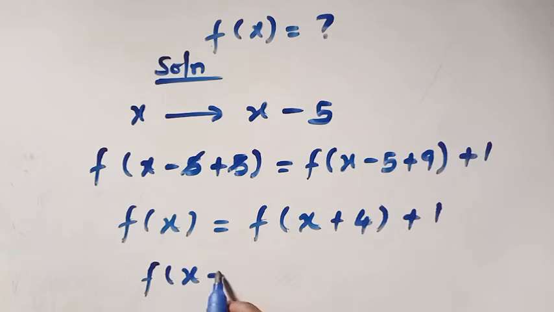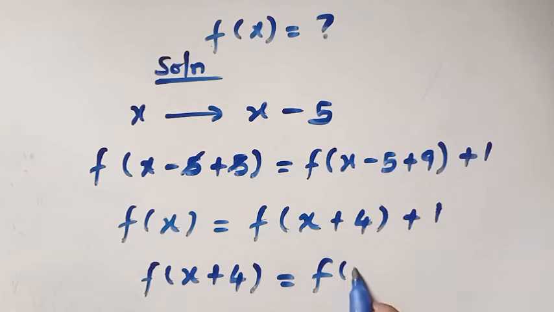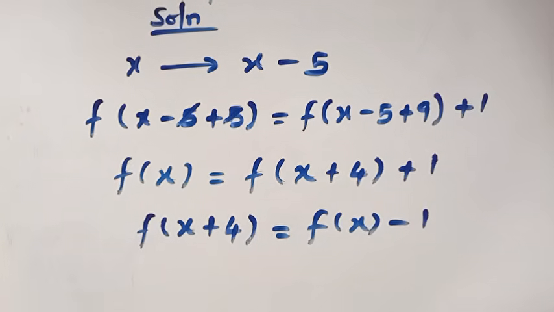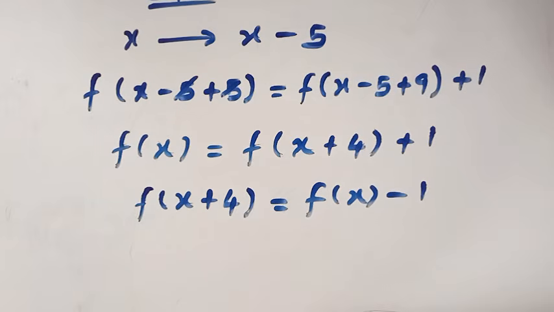We have f of x plus 4 equals f of x minus 1. So this is still the same thing as what we have in the third line. And this we consider as the first step. So let's see the second step.